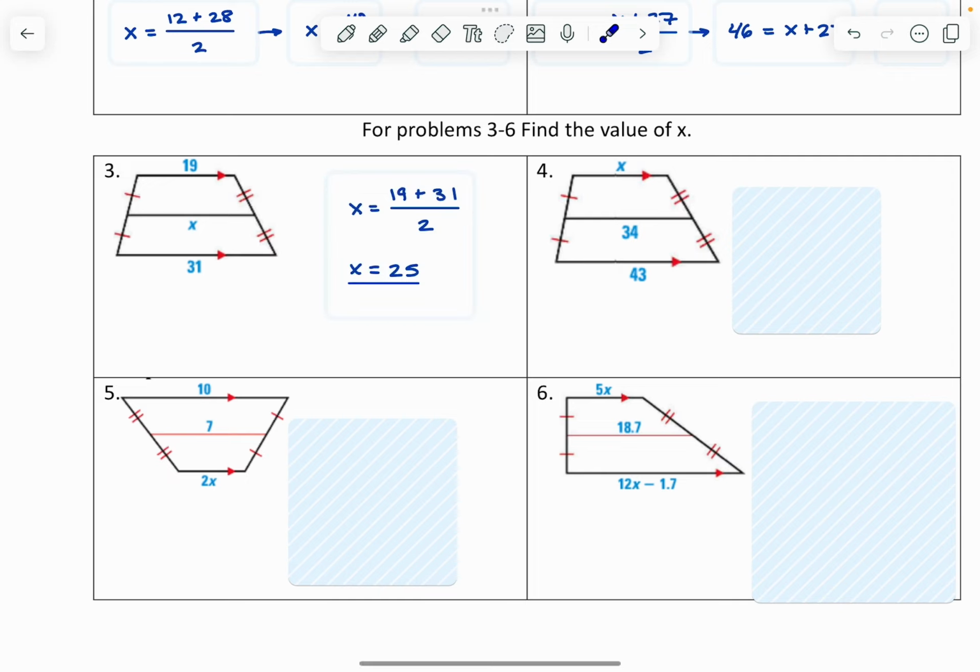Problem 3. We are looking for the mid-segment. Mid-segment is equal to (19 plus 31) divided by 2. Problem 4. We're looking for one of the bases. We know that the mid-segment is 34. 34 is equal to (x plus 43) divided by 2. Solve for x.